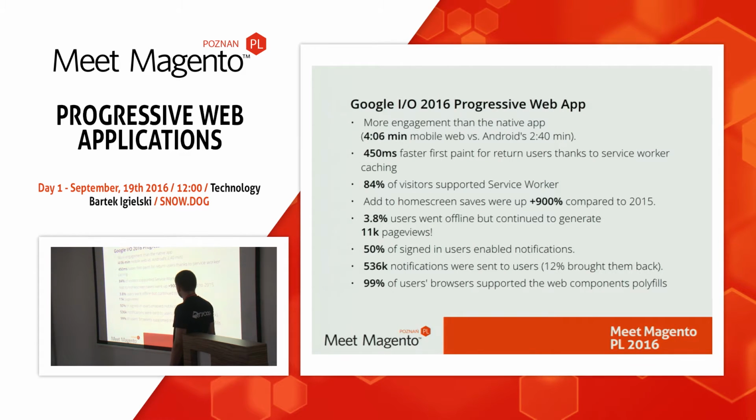Also, they tried to use add to home screen last year, but over a year many things changed. This year, it's 900% more than the previous year. Almost 4% of the users use the offline mode, but they generate 11K page views. So pretty decent.